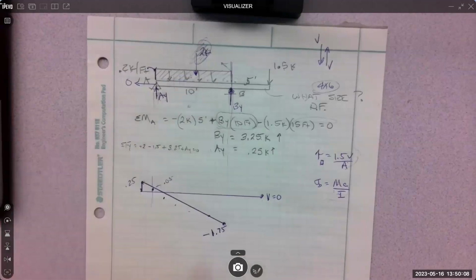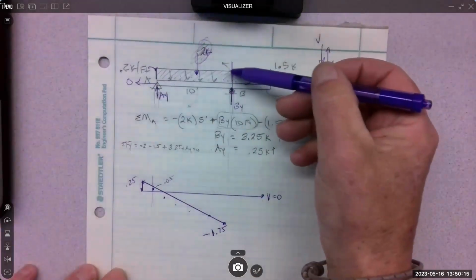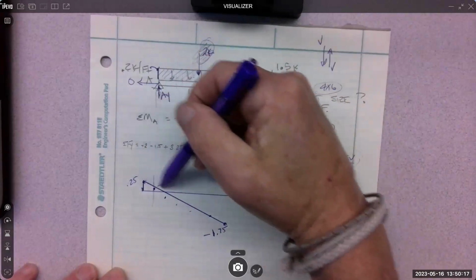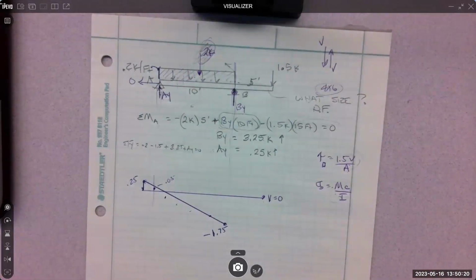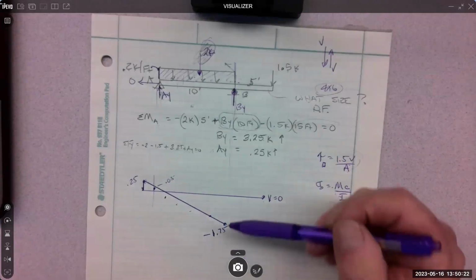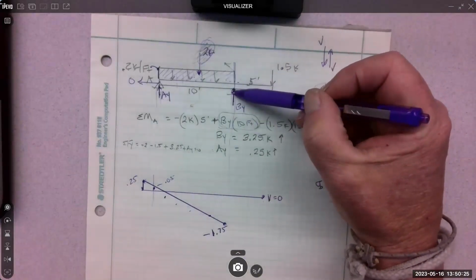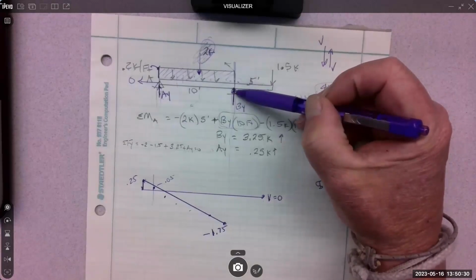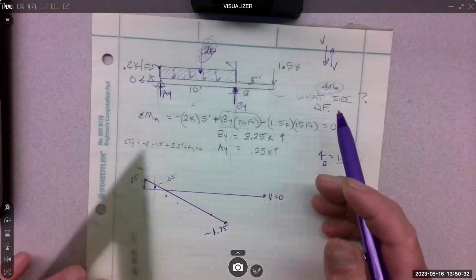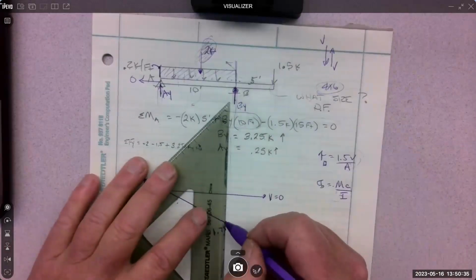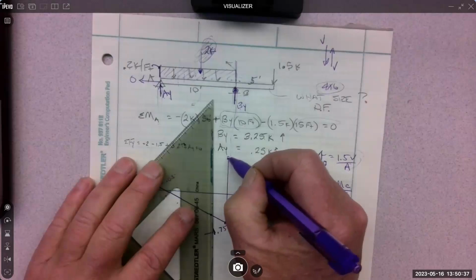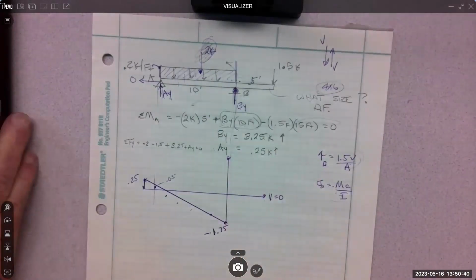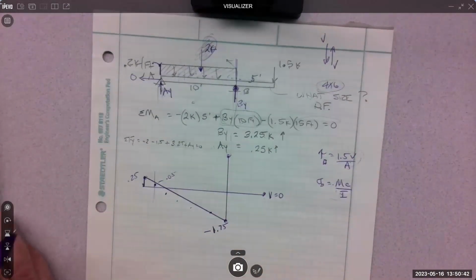Make sense? So distributions are a little tricky. If they're horizontal loads like this, which is a uniform load, then it is going to be a linear graph. All right. Then what happens? I get to the end of the distribution and I just go past BY and BY shows up. How much is BY? 3.25. Which way? Up. So it's going to go up 3.25 from the negative 1.75.